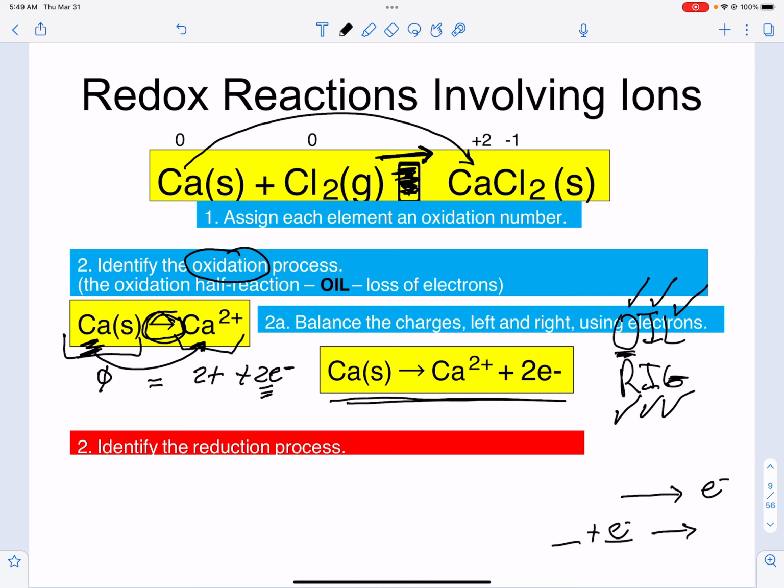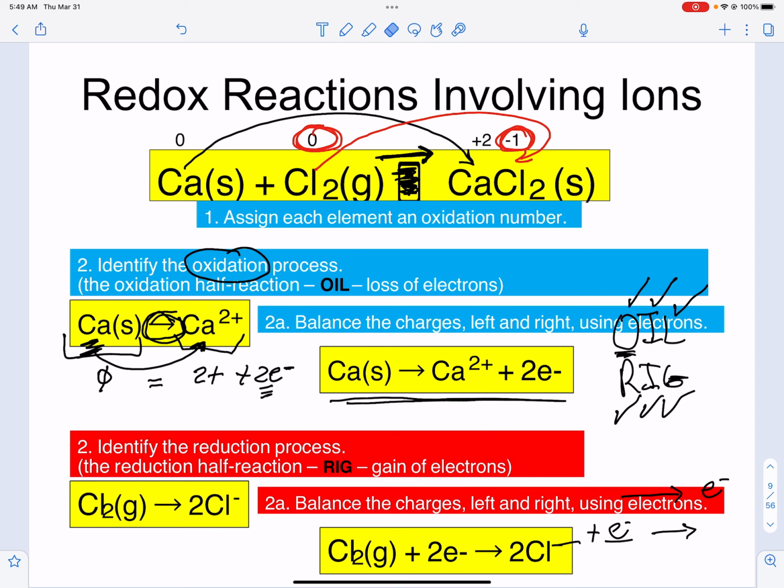So what is happening to the chlorine? The chlorine is going from 0 to -1. So the only way something can go from neutral to negative is by gaining electrons, and that's what we observe here. The chlorine is becoming negative. So on the left side, the total charge is 0.